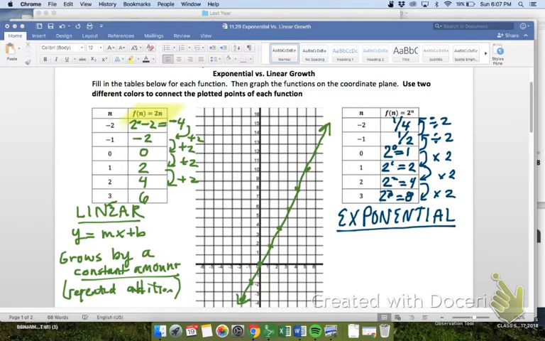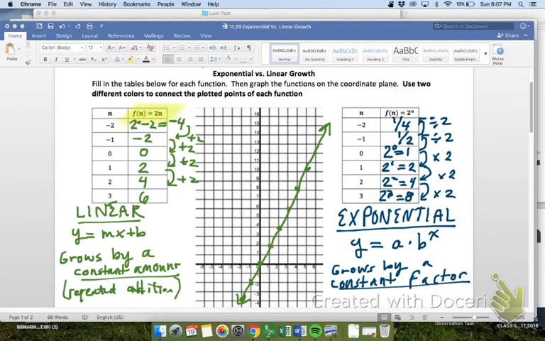Our general form of an explicit equation would be f of x equals a times b to the x power. The telltale sign that we have an exponential function is that it grows by a constant factor. Remember that the word factor means multiplication, so this is where we see the repeated multiplication.